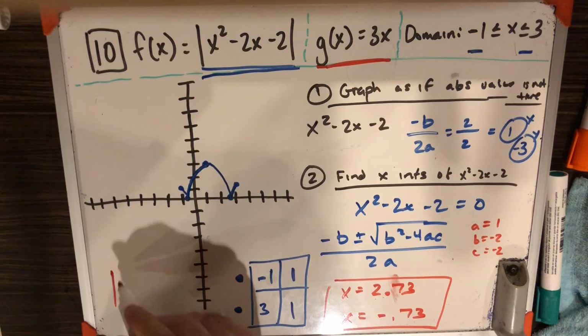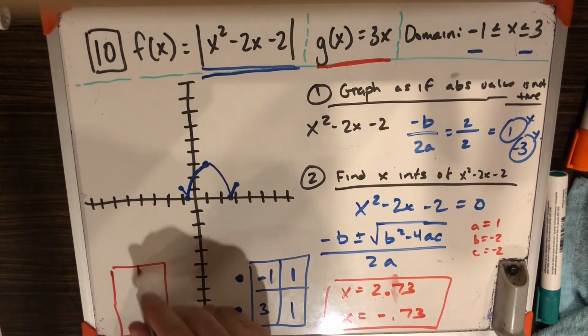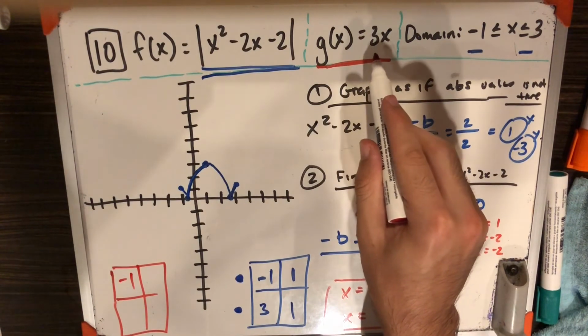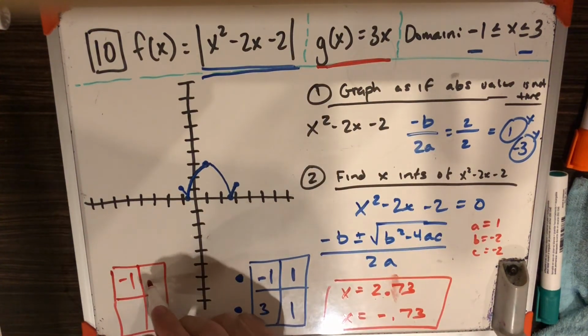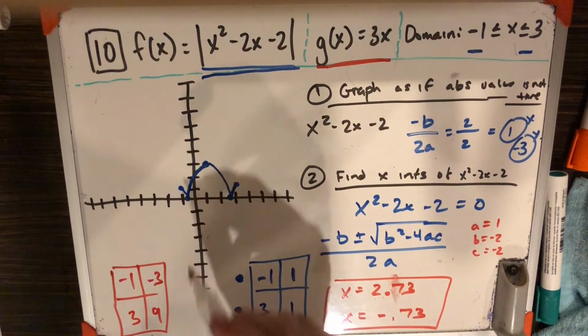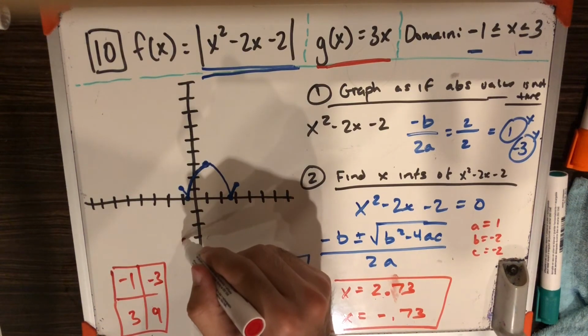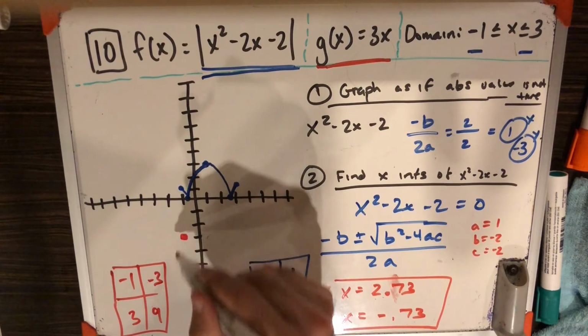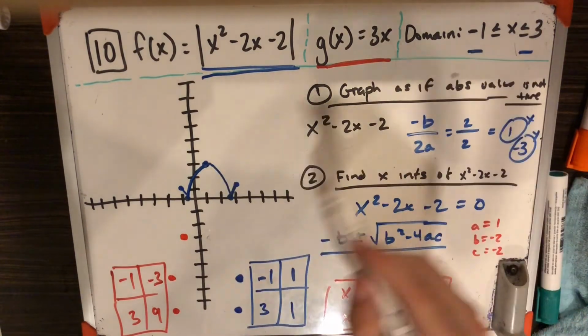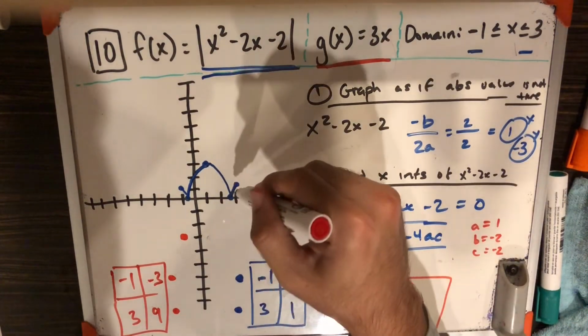However, if I plug in -1 for g of x, I end up getting -3 back. And when I plug in 3, I end up getting 9 back. Okay, so -1 and -3. Again, I'm including these since they're closed circle. And then I plug in 3, I end up getting 9.